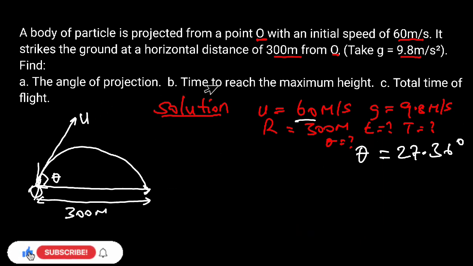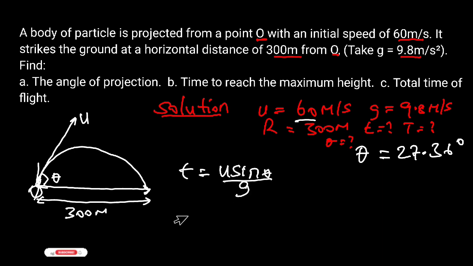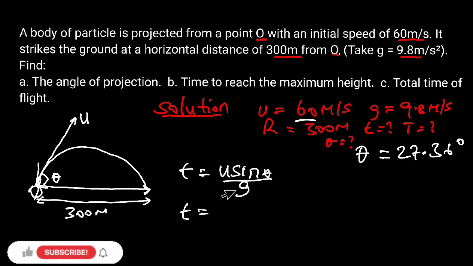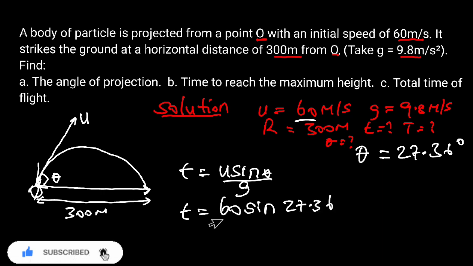B is the time to reach the maximum height. The time to reach the maximum height is given by u sine theta divided by g. So T equals u, which is 60, multiplied by sine theta, which here is 27.36, then divided by 9.8.